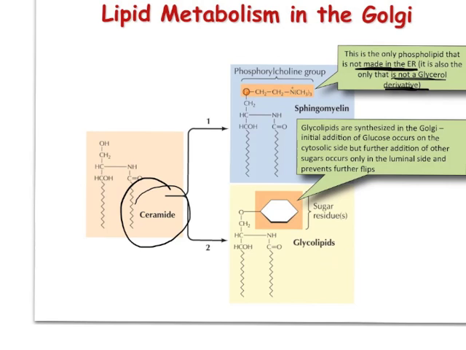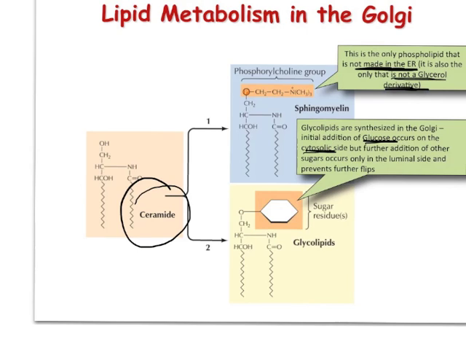The synthesis of glycolipids is a little bit more complex simply because it requires the addition of several different sugars to the initial precursor. The initial addition of glucose occurs on the cytosolic side of the Golgi apparatus.